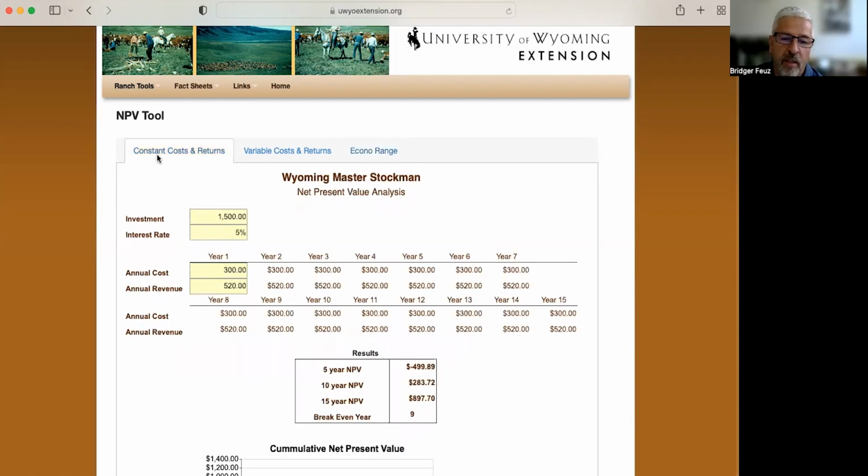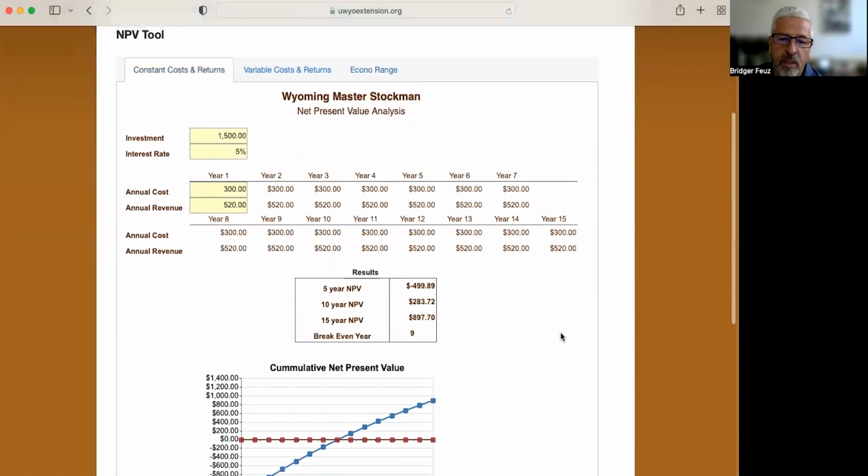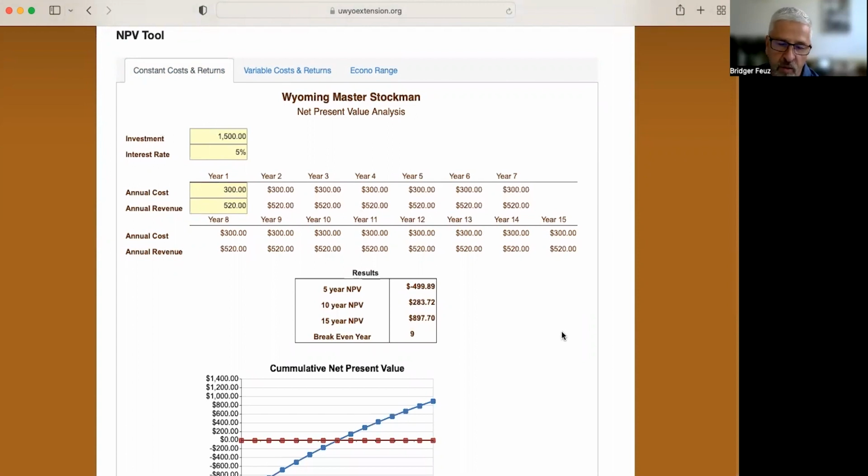So let's go back to the constant returns and think about the possibility of investing in a center pivot. That's certainly a common thing that folks ask: can I invest in a center pivot? Will that pay off? Especially with cost share opportunities, looking at those.